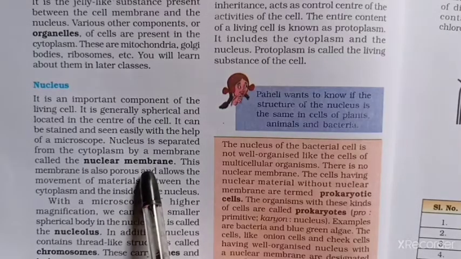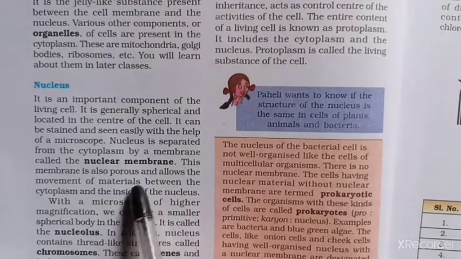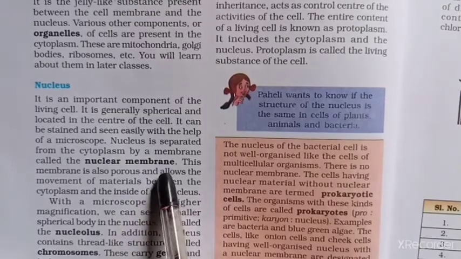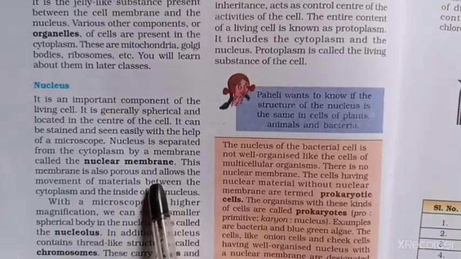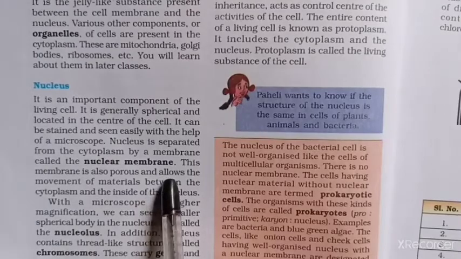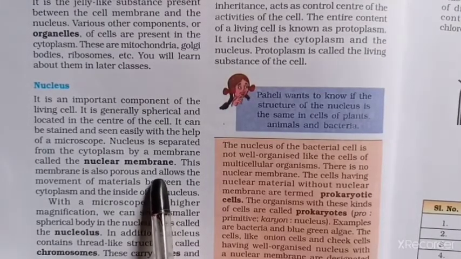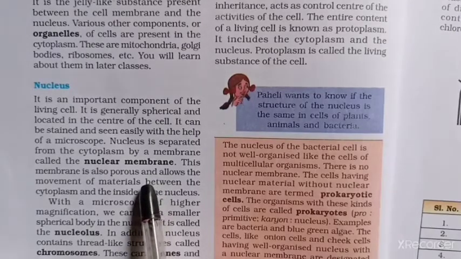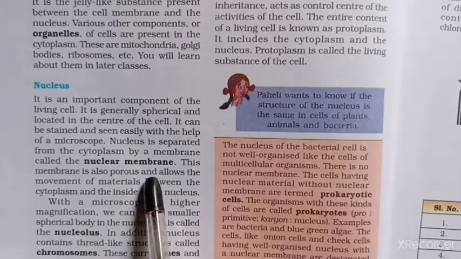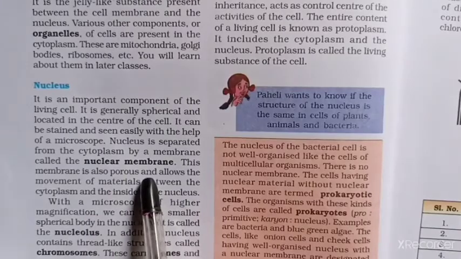Nucleus is also known as the brain of the cell. It contains chromosomes, and chromosomes are visible clearly during cell division as rod structures.